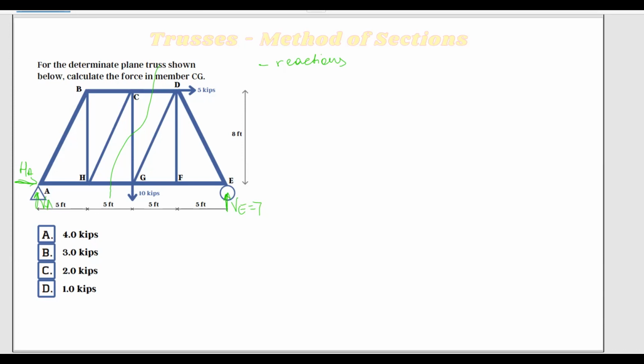I'm going to use the right side, but for practicing, you can go ahead and use the left side, because you have to come up with the same results. So just to practice, to verify yourself, use the left side as well. So reactions is the first step.